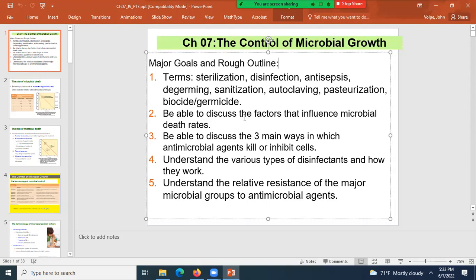Be able to discuss the factors that influence microbial death rates, be able to discuss the 3 main ways in which antimicrobial agents kill or inhibit cells, understand the various types of disinfectants and how they work, and then understand the relative resistance of the major microbial groups to antimicrobial agents. And we'll talk about that at the very end. Any question about anything we're going to do in this chapter?